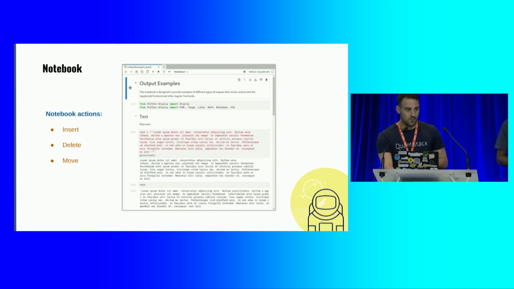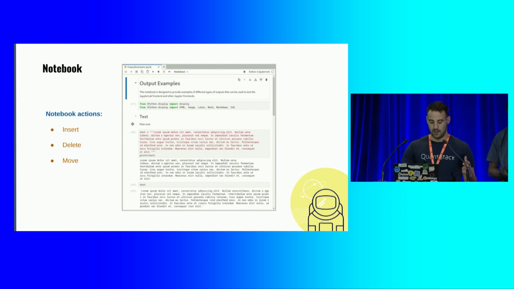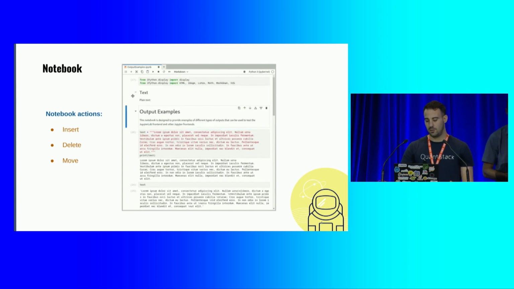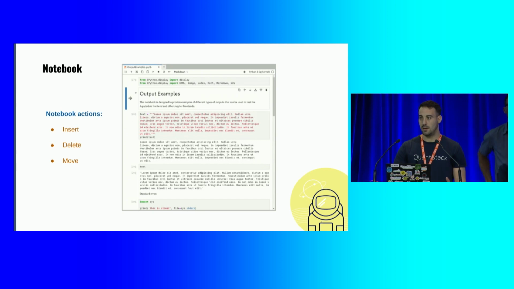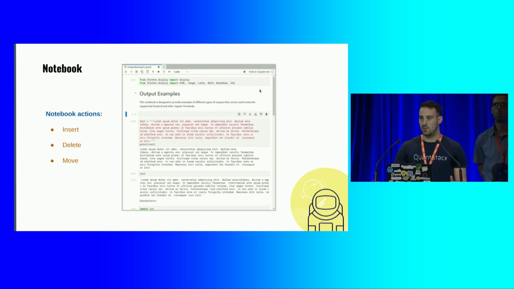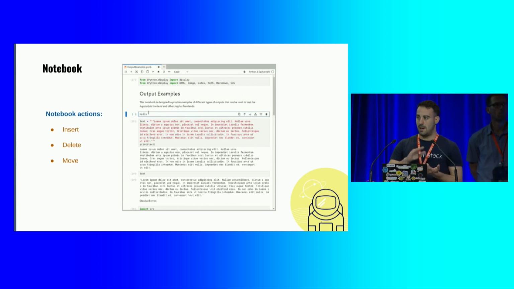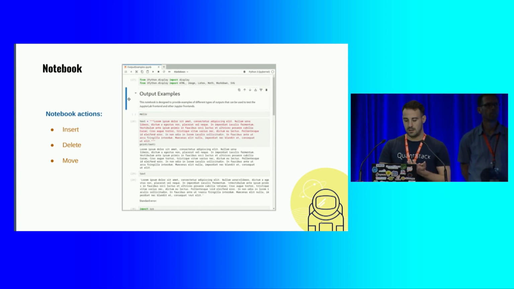Now, if we move a little bit into the notebook, the format is not a very easy format for real-time collaboration. We could look at the format as a multi-layer document, let's say.